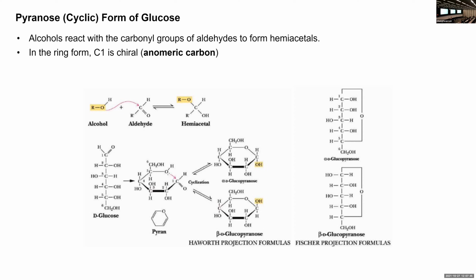I've never seen anyone use Fischer projection for indicating the cyclic form. They promised in a way that the left-hand side is always on the bottom and stuff like that, but it's not really working too well. So instead of using that, we use this Haworth projection, where it is more intuitive, right? I don't actually use Fischer projection for showing the cyclic structure, so don't worry about it.